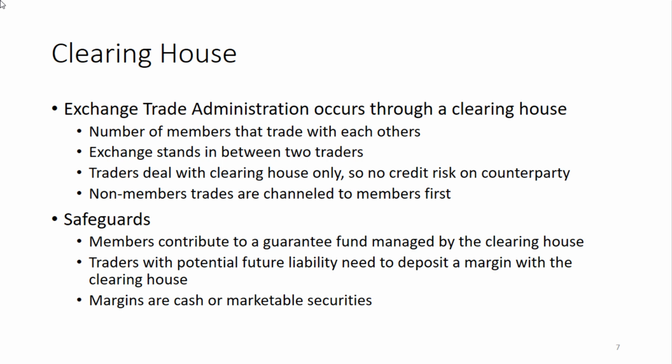If one party wants to buy a particular financial instrument and the other party wants to sell it, then how the exchange traded market works is that these two parties are not dealing with each other directly, but there will always be a clearinghouse in between them.